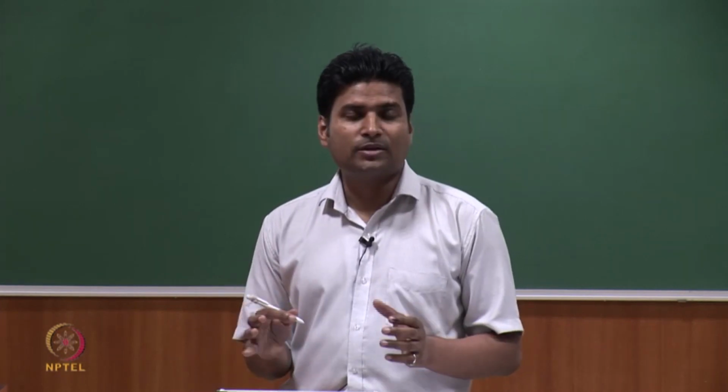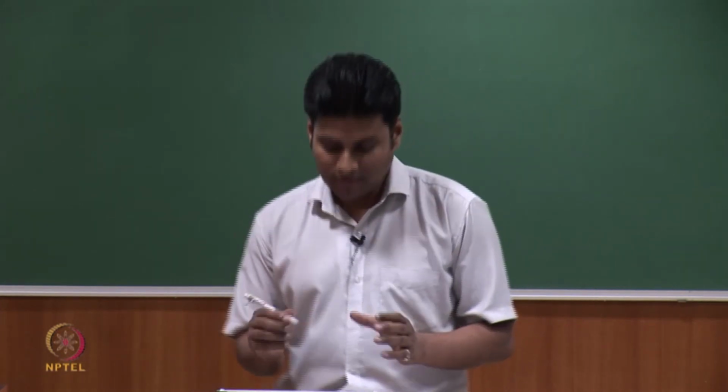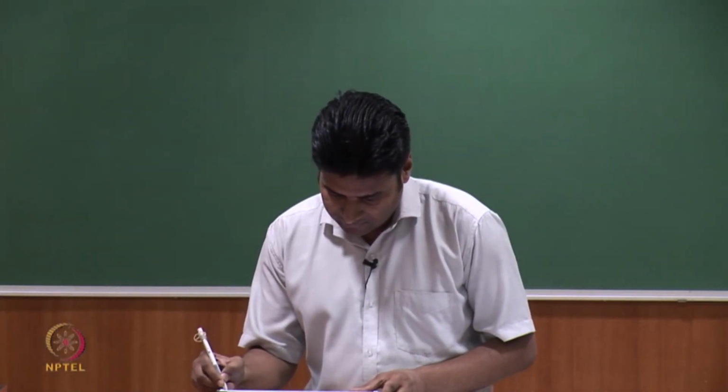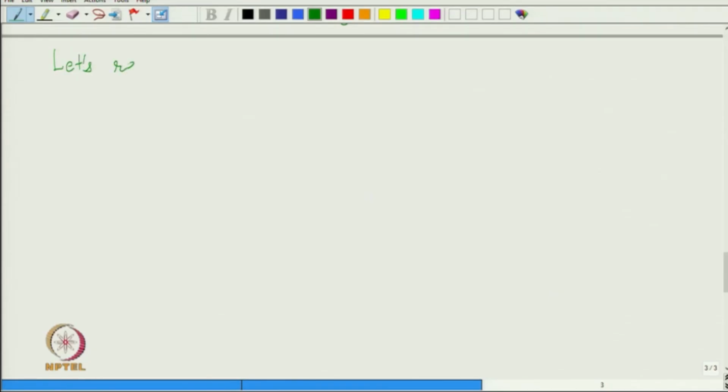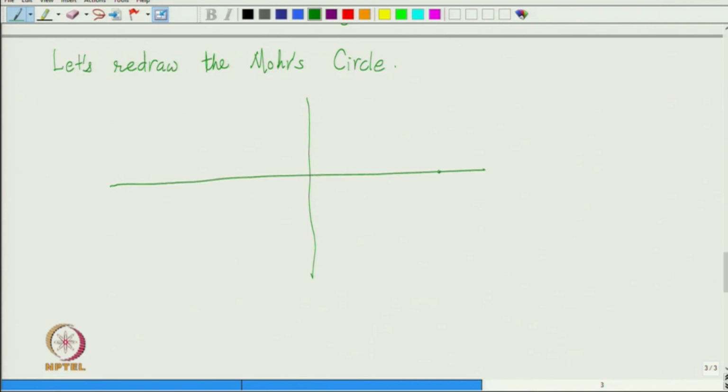Let us see what all information can be extracted from the Mohr circle. Let me redraw the Mohr circle. So, we have sigma x x, we have sigma y y, then we get a center at the midpoint of the two.